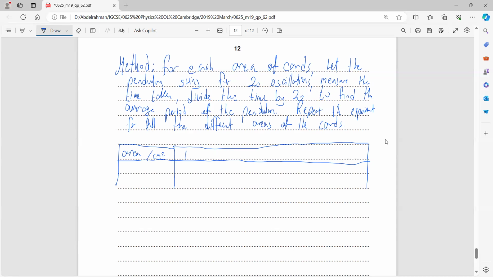The time taken in seconds. And then the period, also in seconds. If you want to write down, for example, the length of the pendulum, the mass of the bob, whatever, it's okay. But these are the main three columns you need in this table.